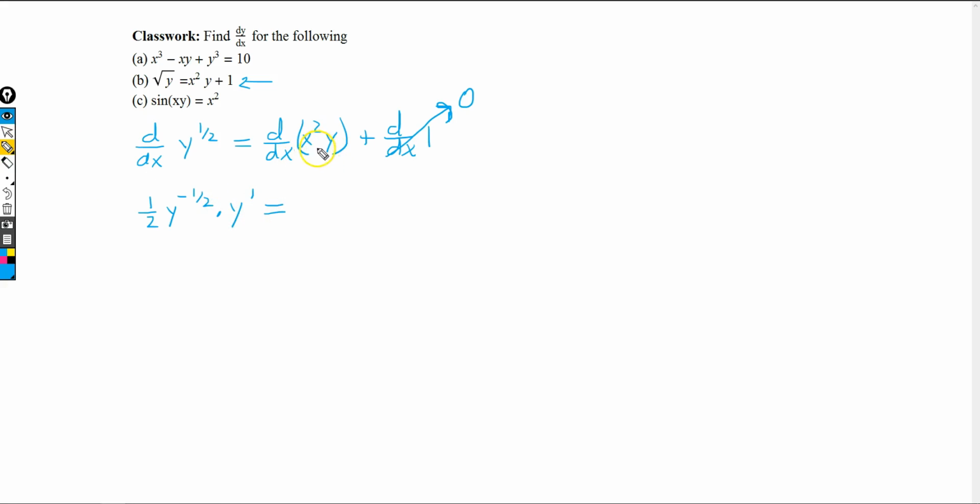Now this part right here, we're going to have to use the product rule. We're going to have to go x squared times the derivative of y with respect to x, plus y times the derivative of x squared with respect to x. Alright, now everything's differentiated. We just have to solve for y prime. So we'll take this, the x squared y prime, over to the other side, factor out a y prime, and we'll get this.